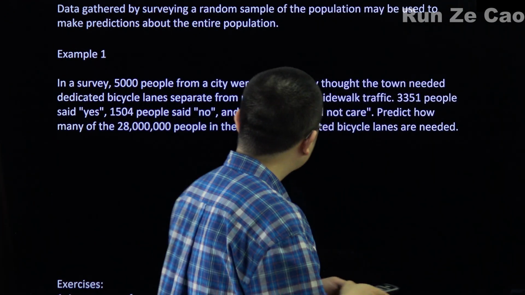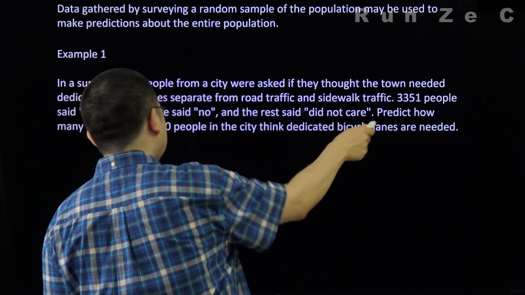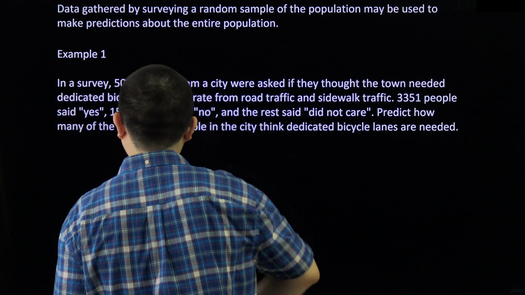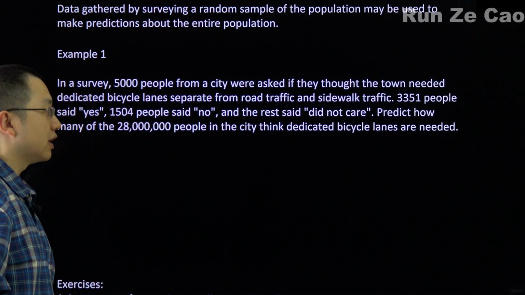Okay, how many people didn't care? Do we need to know that? No. It says predict how many of the 28 million people in the city think dedicated bicycle lanes are needed.